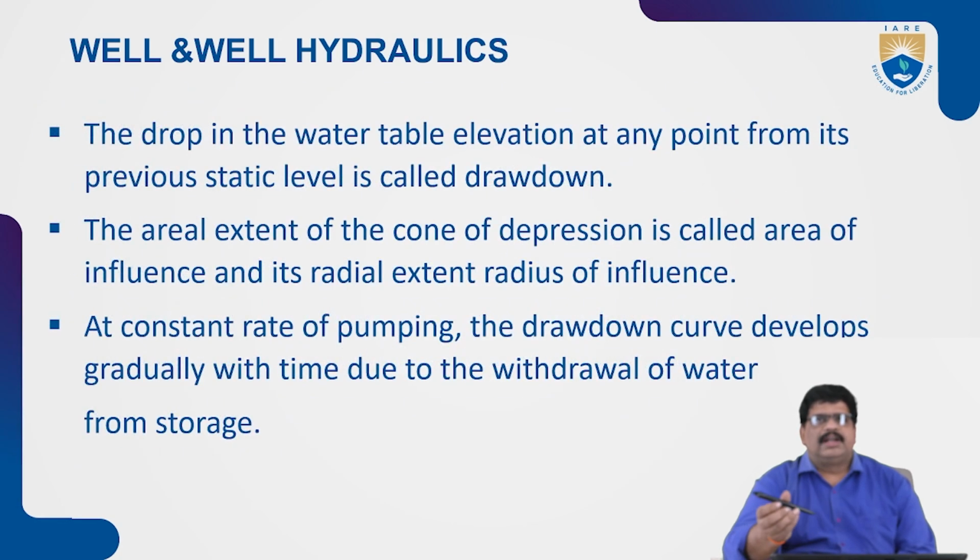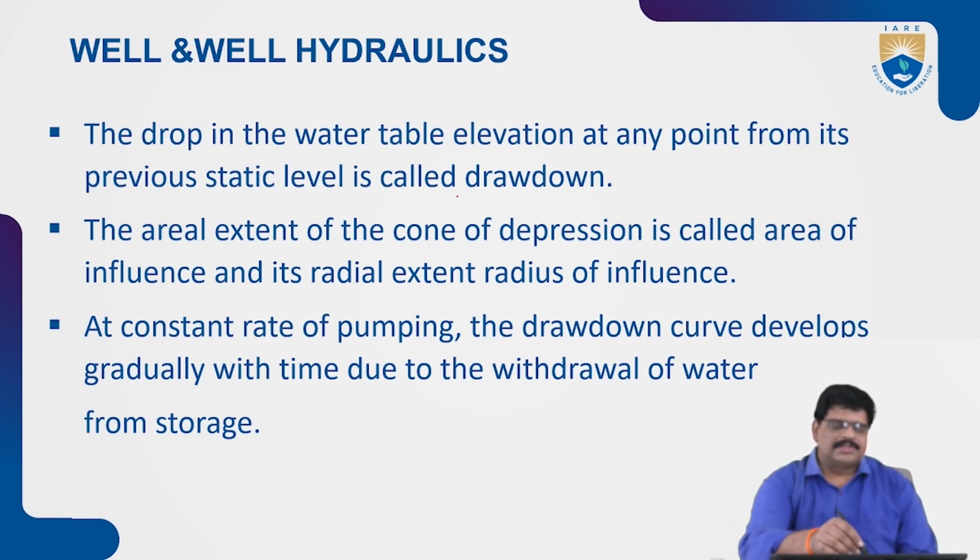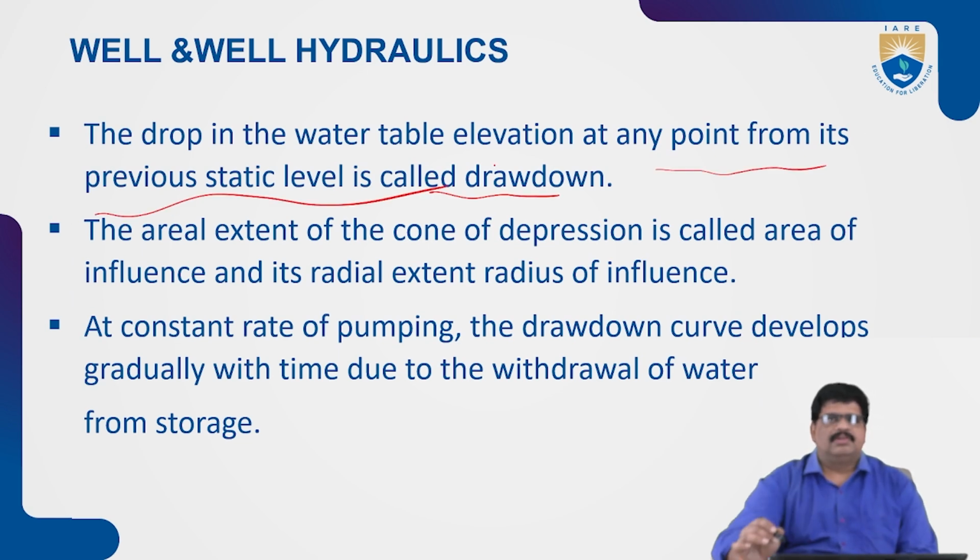The drop of the water table from the previous static level at any point is called drawdown. We call it drawdown. The areal extension of the depression is called the area of influence, and the radial extent is the radius of influence.